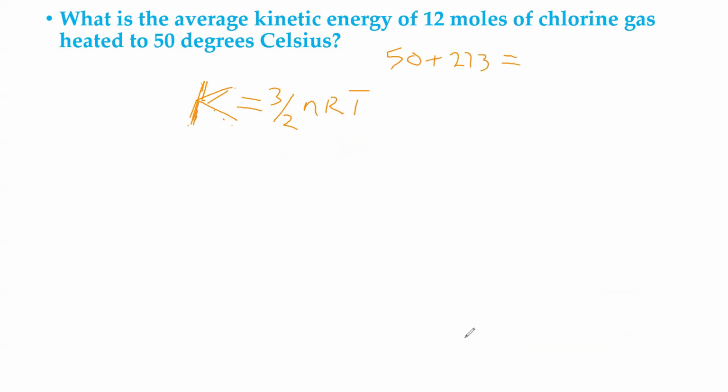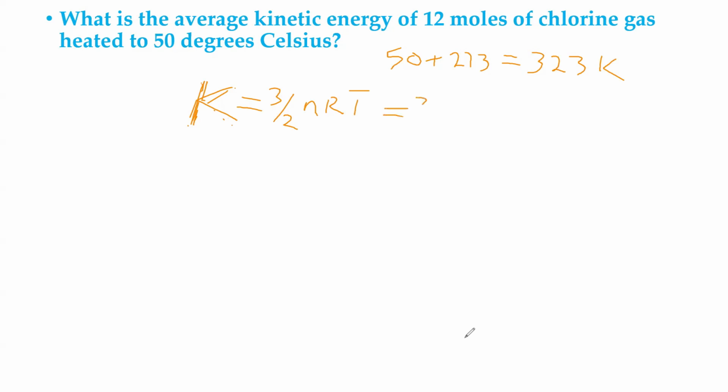So 50 plus 273, we are going to get 323 Kelvin. And of course, the R is constant and the number of moles is 12.